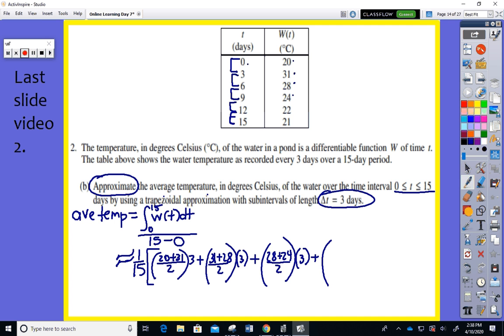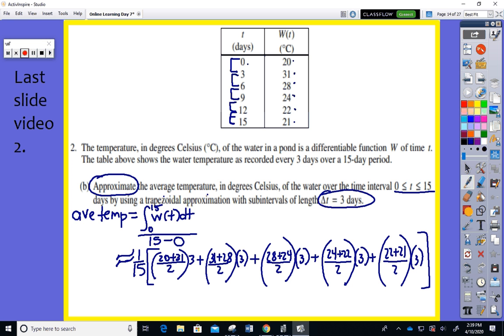Your next trapezoid goes from 24 to 22, times your height. And your last trapezoid goes from 22 to 21, times your height. And then don't forget to close.